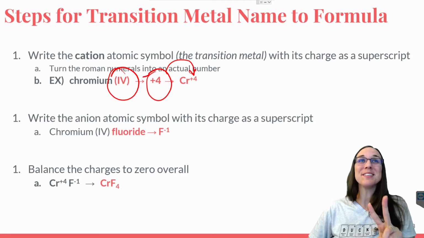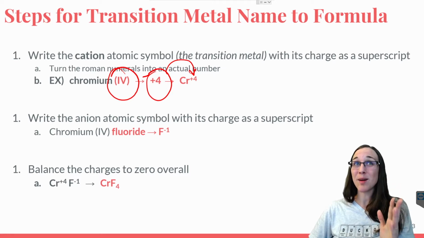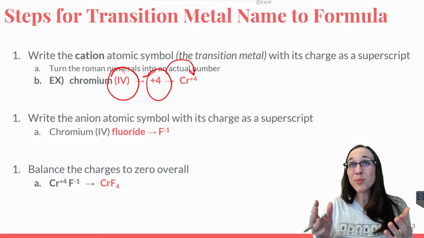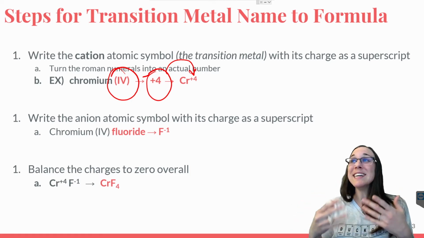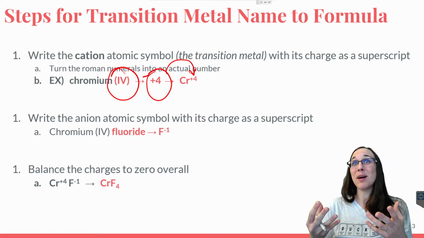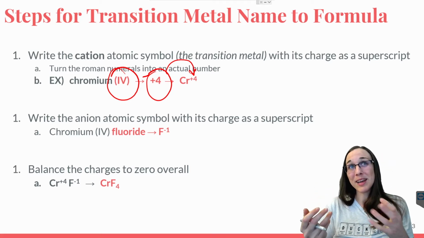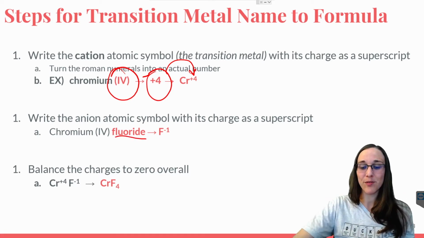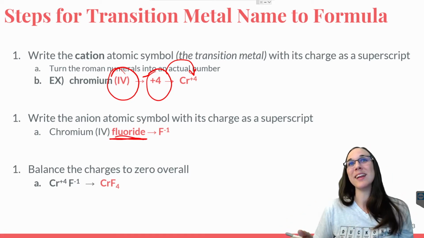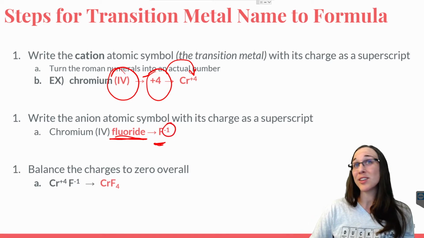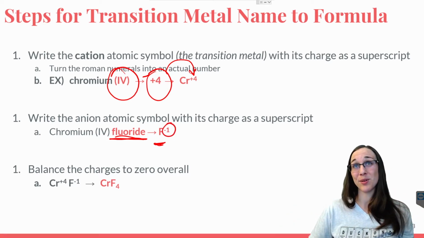Step 2 is to look at the anion and write the atomic symbol for whatever the anion happens to be, and also put its charge as a superscript. Typically, the anion is the one that will have the charge that's always the same. So like your chlorine with -1, in this case I used the example of fluoride, fluorine, -1. So you would write its atomic symbol of F with its charge in the upper right-hand corner as a superscript.